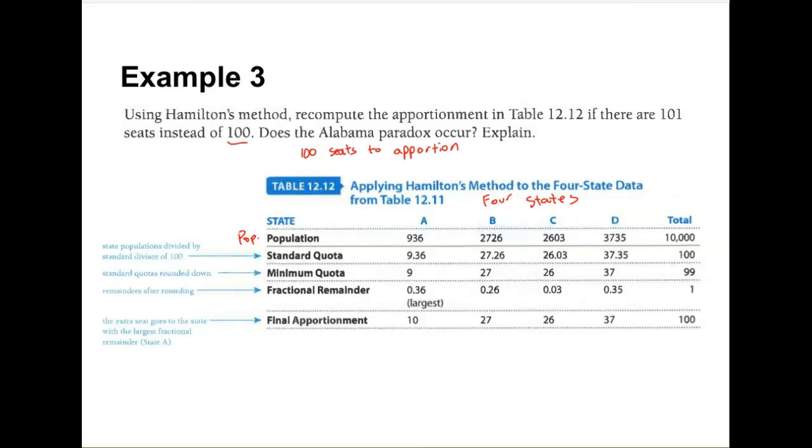By the 100. No, I'm sorry. The first thing we do is get our standard divisor, which is our country's population, which is 10,000, divided by the number of seats that we have. So divided by 100. So our standard divisor is still 100 because 10,000 divided by 100 is 100.